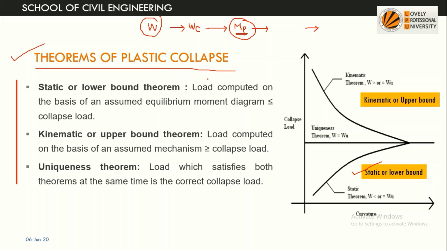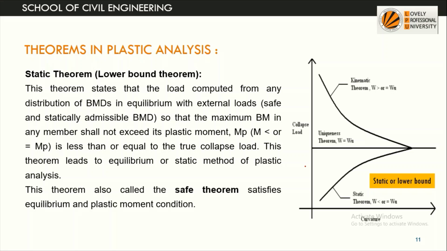Whenever the applied load is greater than the collapse load, it is called the upper boundary or kinematic theorem. A unique case is when the load applied is neither an upper bound nor a lower bound, it is satisfying both the theorems, that is, it is equal to the collapse load. So we'll see then the theorems in plastic analysis.